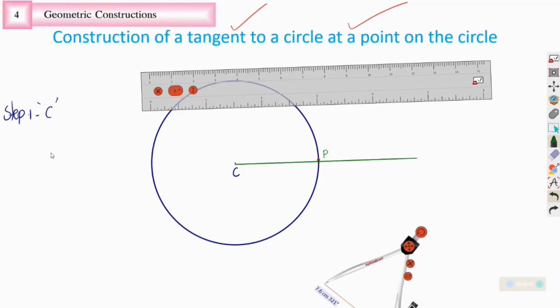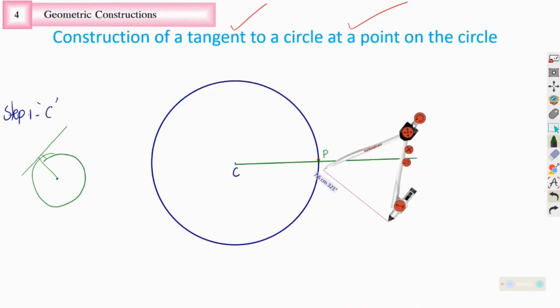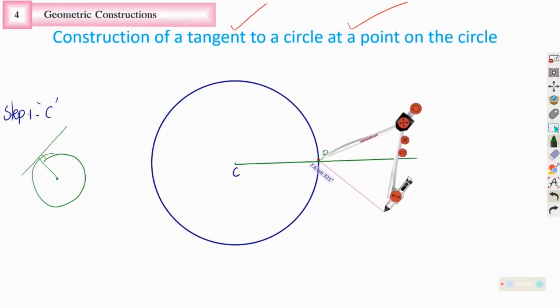The property is that if there is a circle and a tangent and this is the center, the line drawn from the center to the point of tangency will be perpendicular to the tangent. So I need a perpendicular here, and the problem is solved. That principle we are using in the reverse direction. For that, again I need the compass to draw a perpendicular through this point.